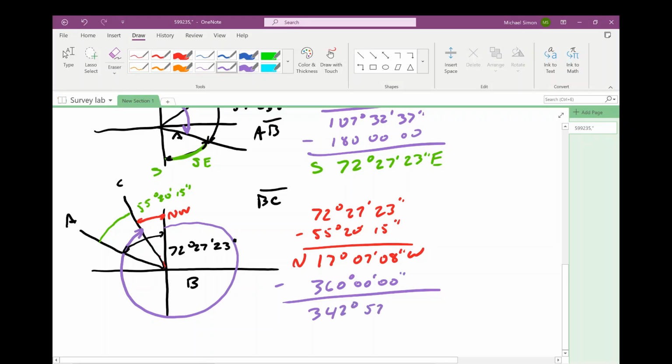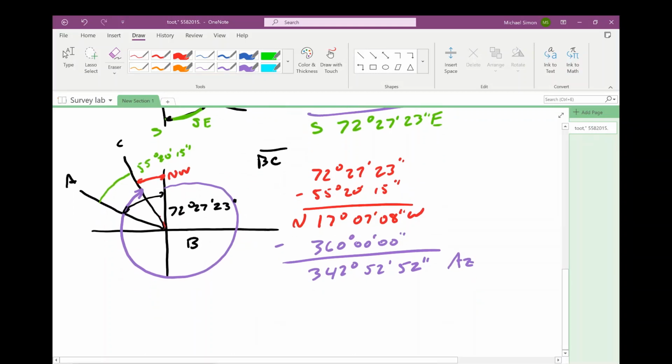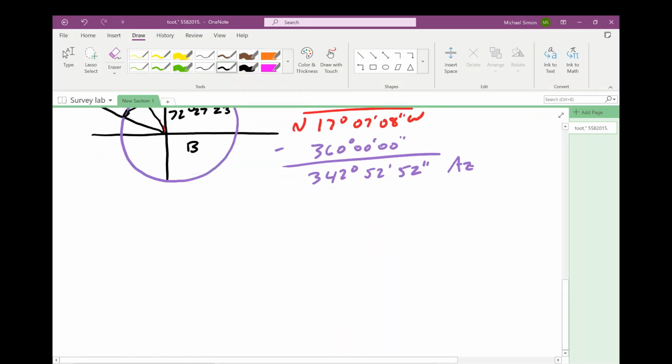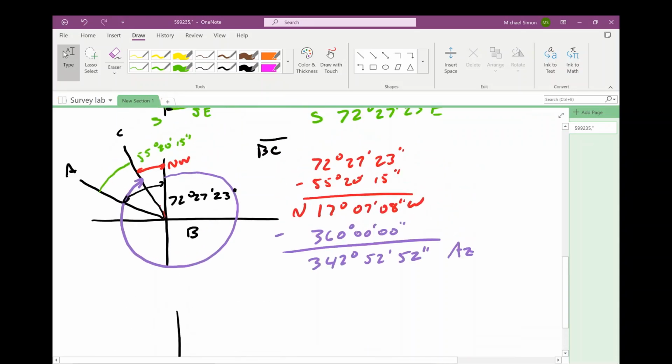That's 342, 52, 52. That's my azimuth. Okay. So that was just BC.